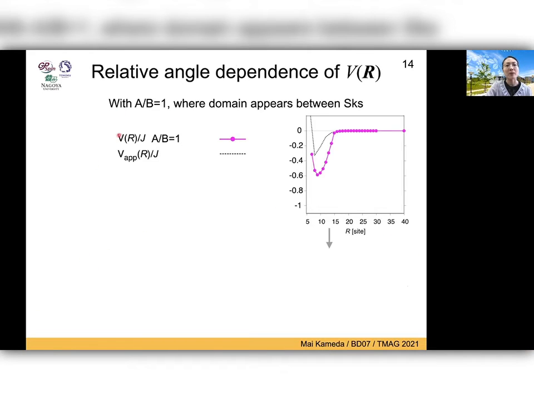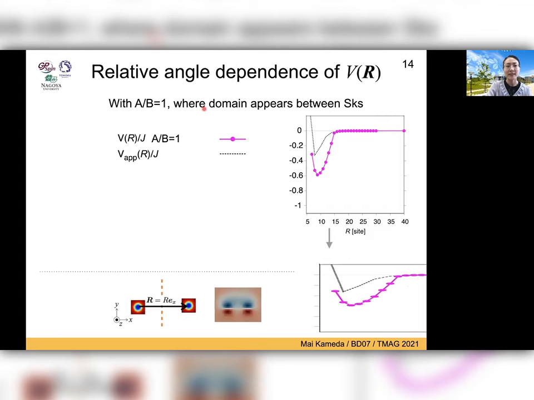From now on, we focus on a specific parameter, A over B equals 1, and investigate the relative angle dependence of the interaction. At this parameter, the magnetic domain is formed between the 2 skyrmions. This interaction is for two skyrmions aligned along the x-axis.